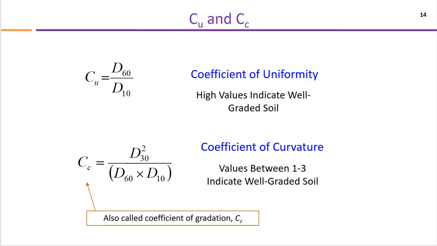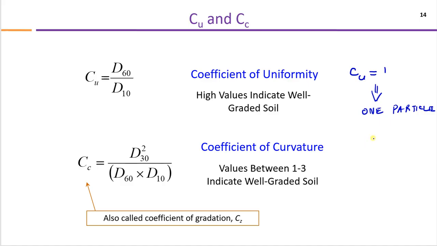So remember, a higher value of Cu will give us a well graded soil. If Cu is equal to 1, it means there's just one particle size. This is hypothetical, and we are not going to find the value of Cu exactly 1.